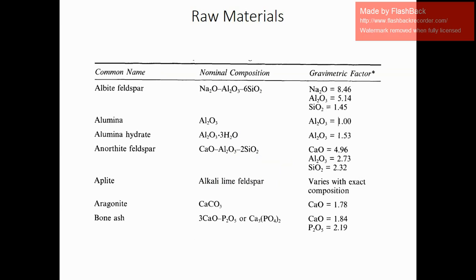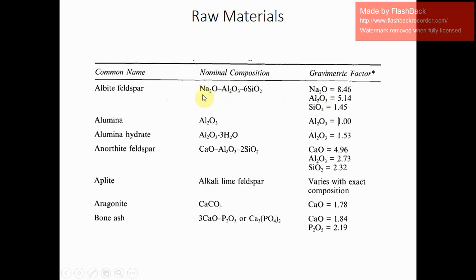For batch calculation, the very first thing we have to know is the raw materials, and which raw material provides which oxides. Glass formers are generally silica, B2O3, P2O5. Silica comes from sand. Alumina comes from bauxite. So, to get different types of oxides, we have to know the different raw materials available.